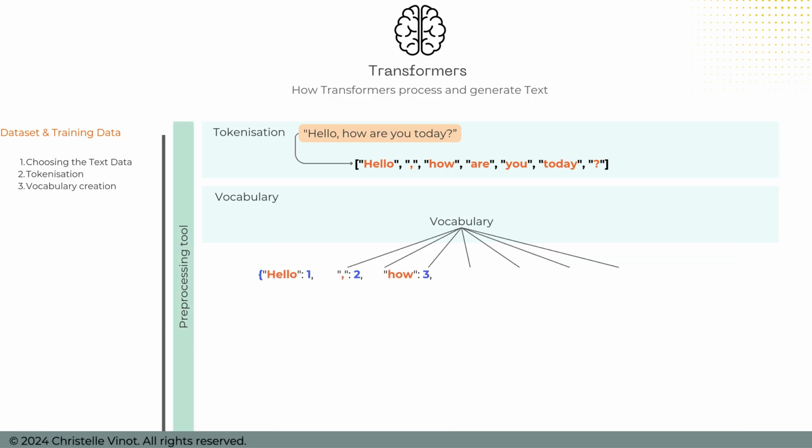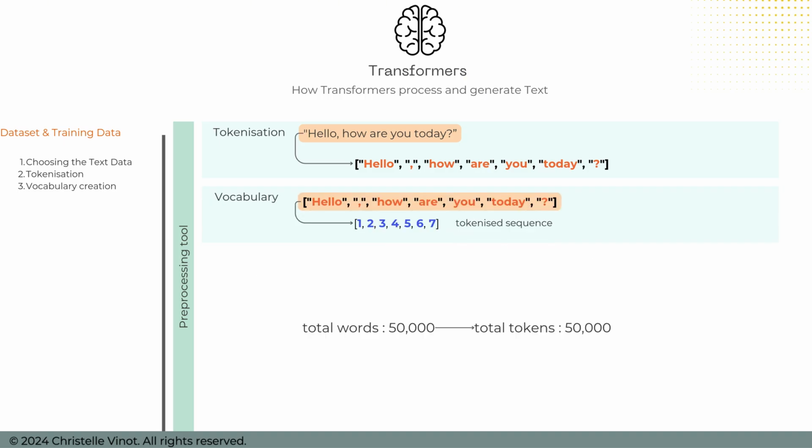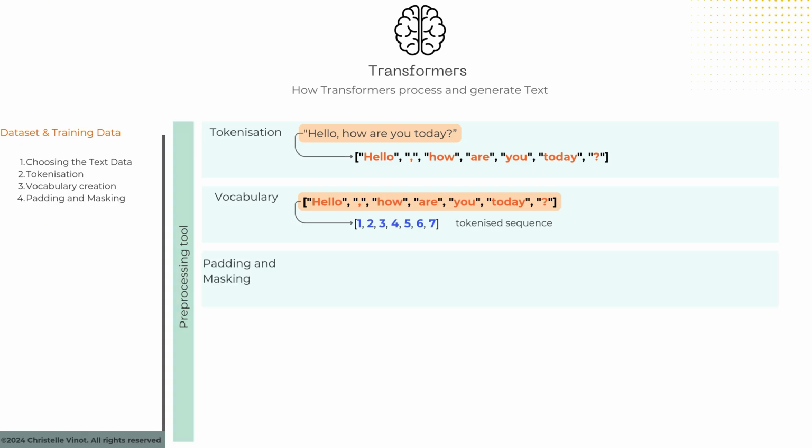For instance, each token in "Hello, how are you today?" is assigned a specific number. In larger models, if the model's vocabulary contains 50,000 unique words, each word in that vocabulary has its unique identifier, and this mapping allows the model to process text as numerical data.